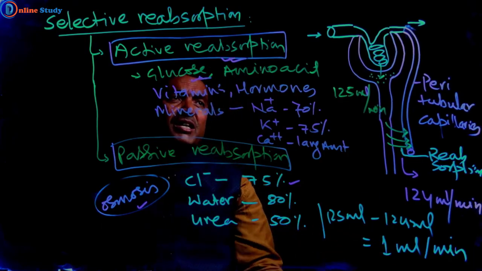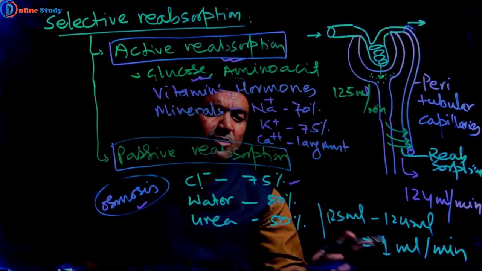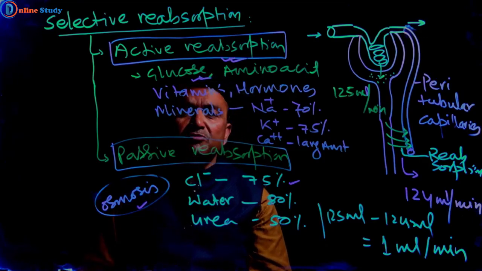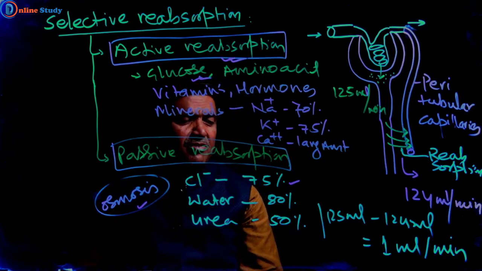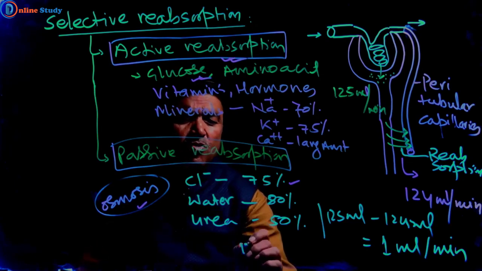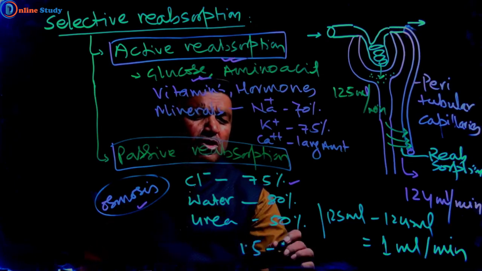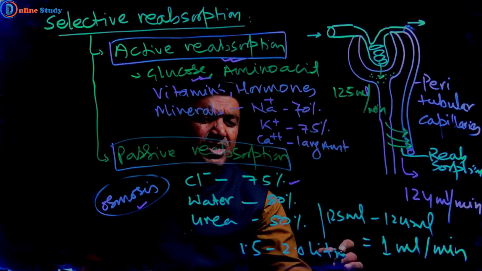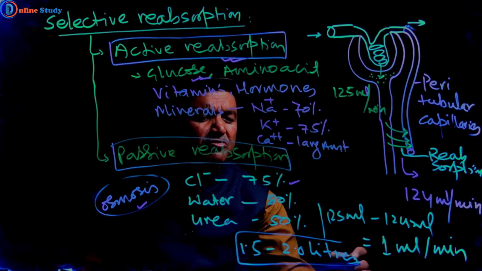Means in 1 minute 1 ml urine is produced, then in 1 hour 60 ml urine is produced, and in 24 hours about 1.5 to 2 liters of urine is formed.